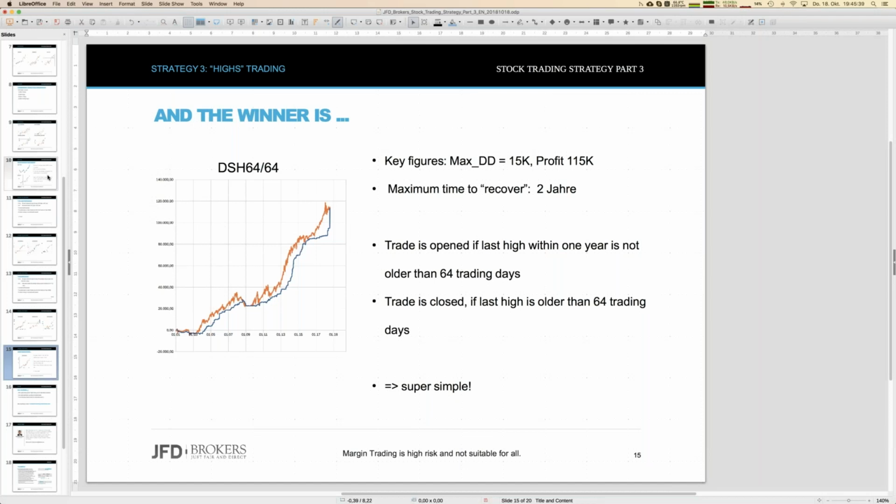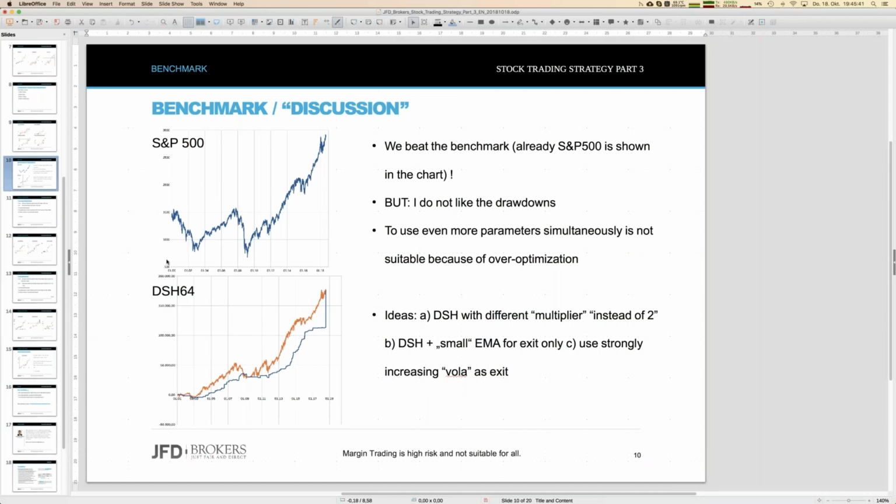And let me switch back to the S&P 500. Let's look for time to recover. So we have a very long period, 1, 2, 3 times. That's about 7 years. And from here to here, it's about 5 years. So the time to recover within the S&P 500 is much higher than within our strategy.